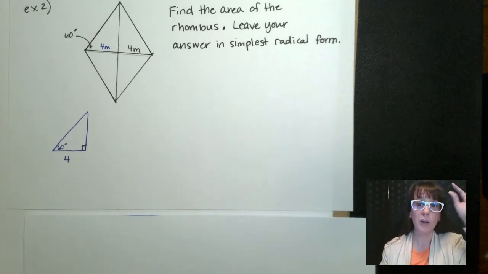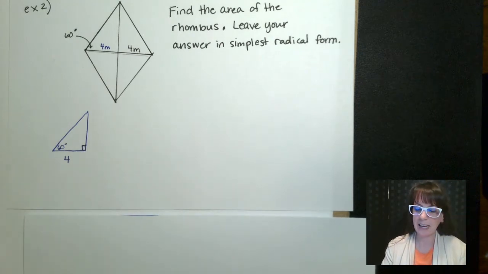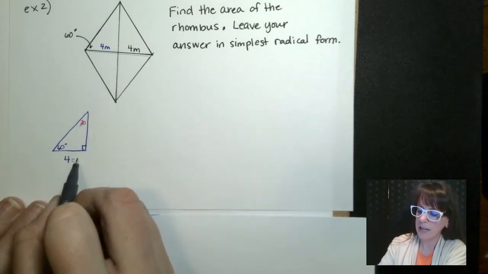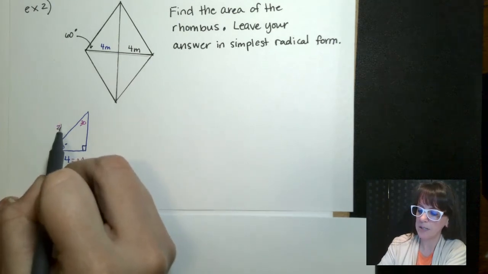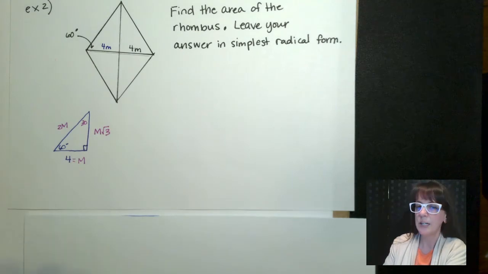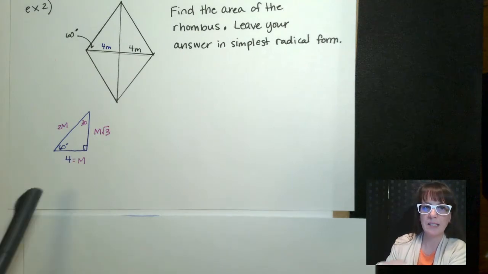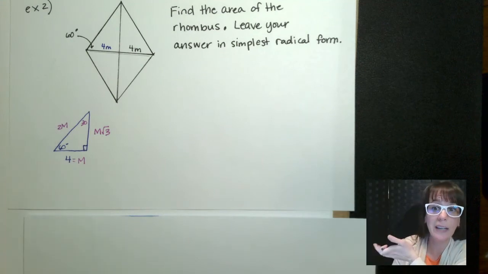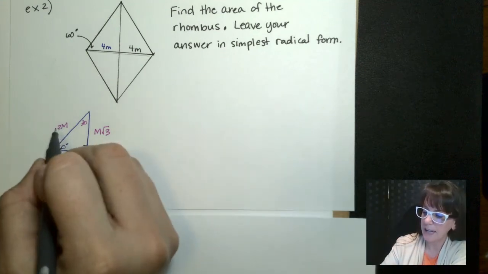And we remember 30, 60, 90, that is a special right triangle. So here's my 30 degrees. Opposite 30 is my M. My hypotenuse is double that. This is M root 3. Okay, so we now know that since this is 4M, this side over here is going to be, we just plug in our 4 for M and we get 8.